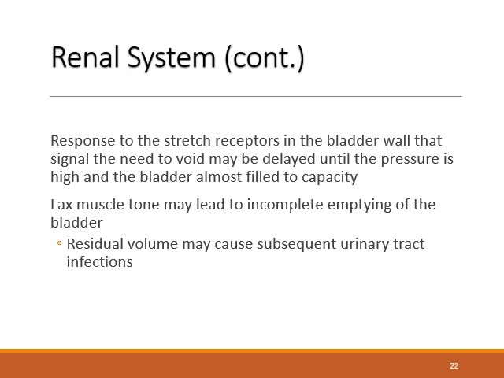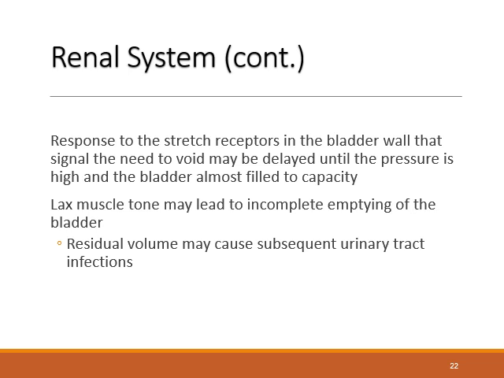Lax muscle tone may lead to incomplete emptying of the bladder, so they might not totally empty the bladder, and then they retain some old urine, and that can lead to a urinary tract infection. And why do they get urge incontinence anyway? What is that? They have the urge to go, and then they're incontinent.